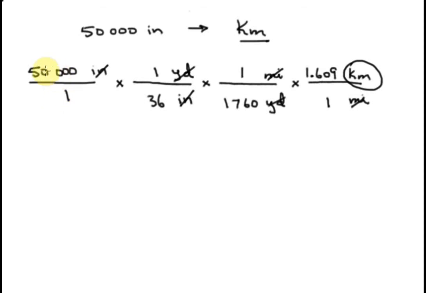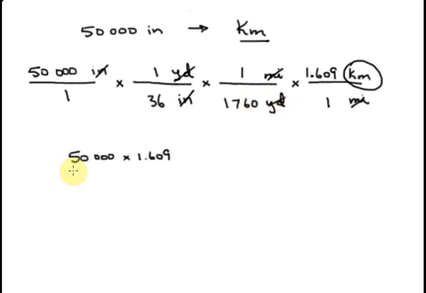So on the top, I have 50,000 times 1 times 1 times 1.609. So I'm basically going to do this on my calculator. Okay, and then I can see, oh, I have to divide that by 1 times 36 times 1760 times 1.